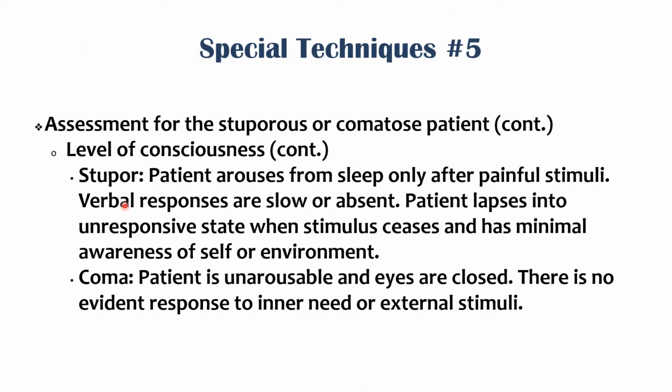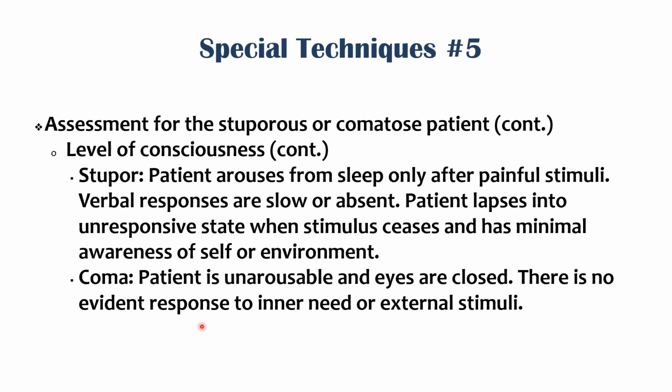For a stuporous patient, the patient arouses from sleep only after painful stimuli. Verbal responses are slow or absent. The patient lapses into an unresponsive state when the stimulus ceases and has minimal awareness of self or environment. A comatose patient is unarousable and the eyes are closed.